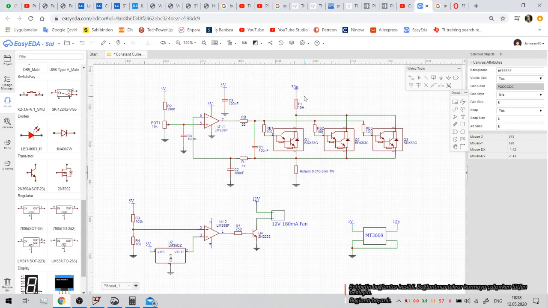If Vin is lower than 12 volt, we can use a boost converter, but if greater than 12 volt, we can use a buck converter or linear regulator. Also, maybe we can use some inverting buck-boost, but I don't prefer it.